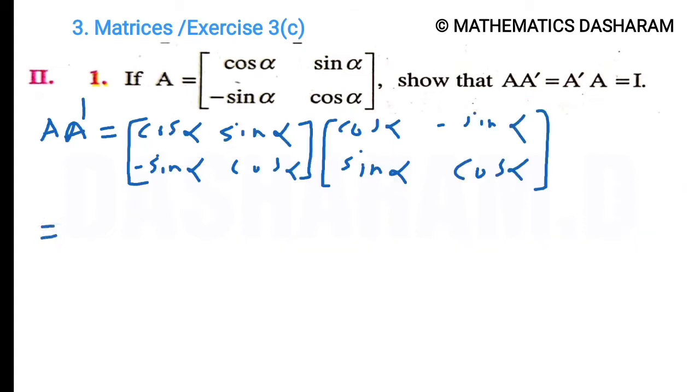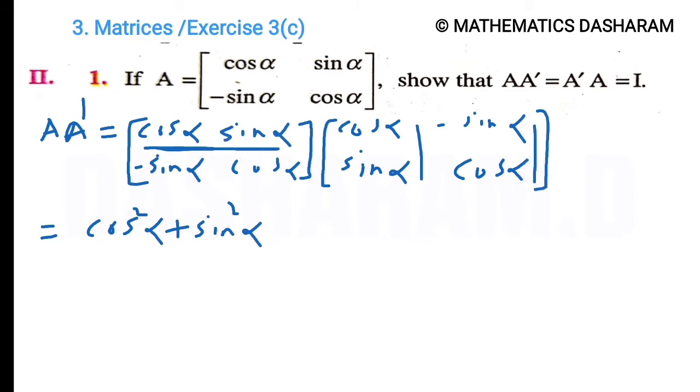Here the first row multiplies with the first column. So cos alpha into cos alpha, cos square alpha, plus sin square alpha. Next, first row with the second column, cos alpha into minus sin alpha will become minus cos alpha into sin alpha, plus sin alpha into cos alpha.